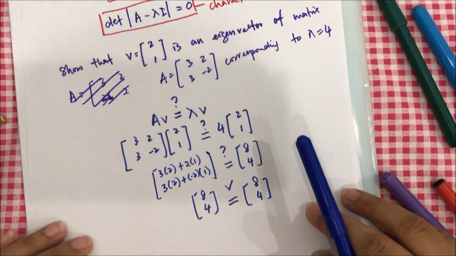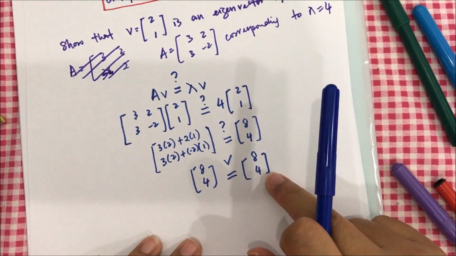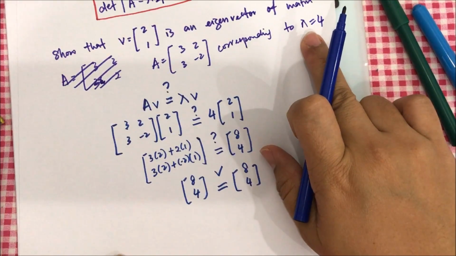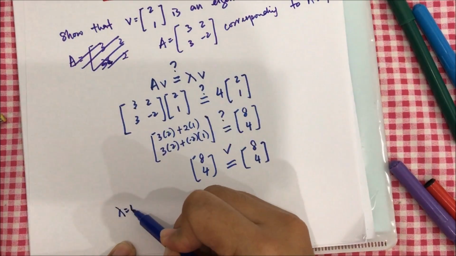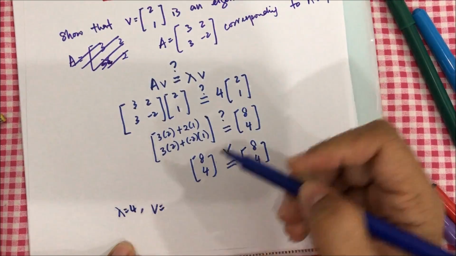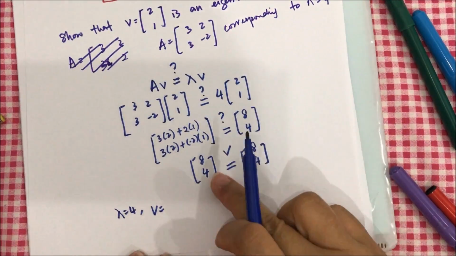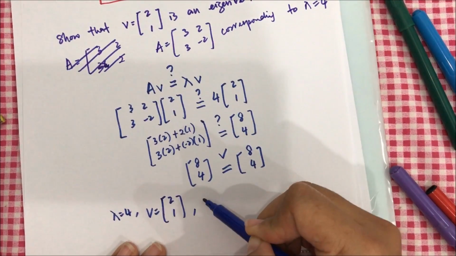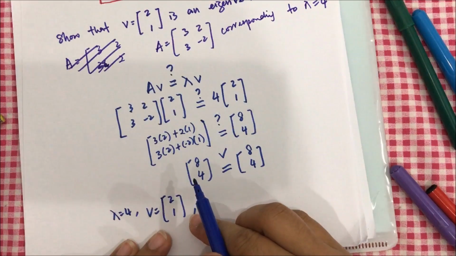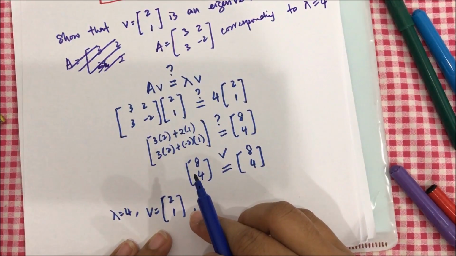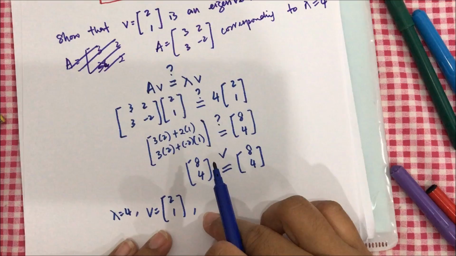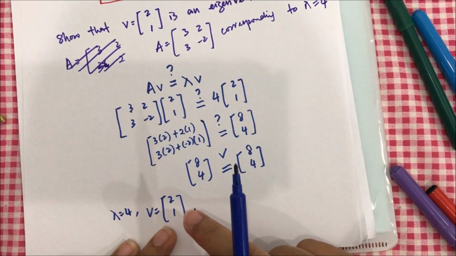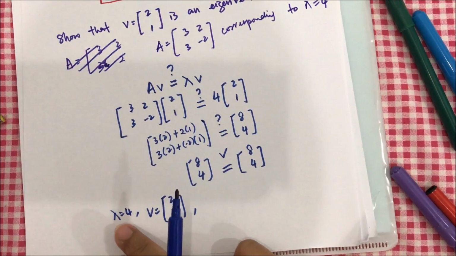Just now I already told you that the eigenvector can be many. Here we have one eigenvalue, 4, and the eigenvector we already got is (2, 1). Any non-zero multiple of V will become an eigenvector corresponding to the eigenvalue equal to 4.